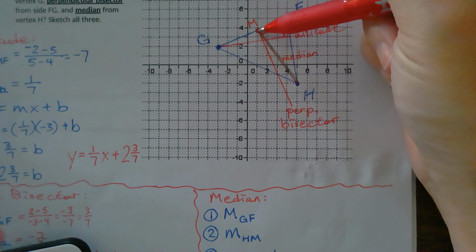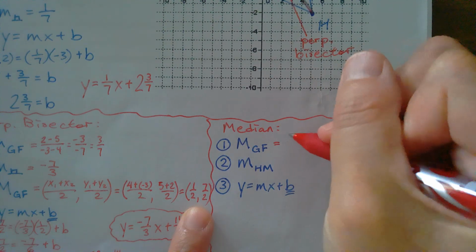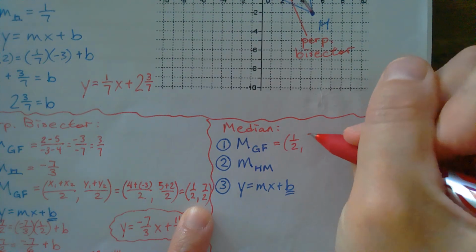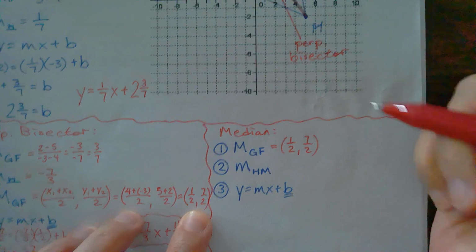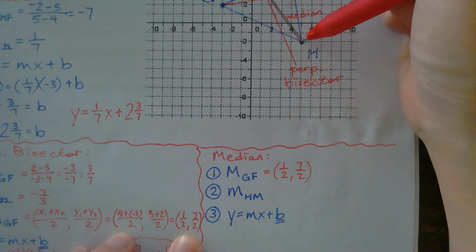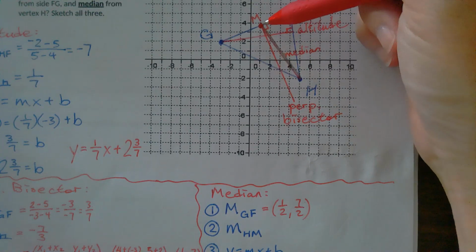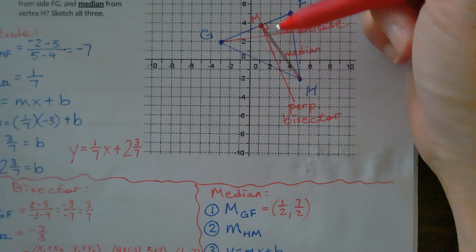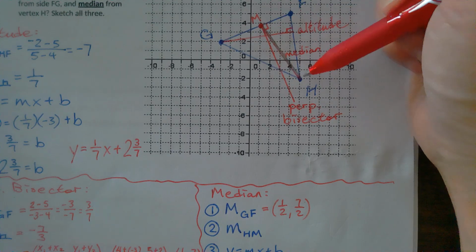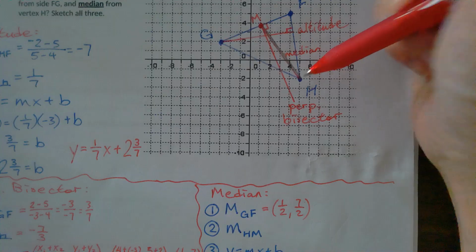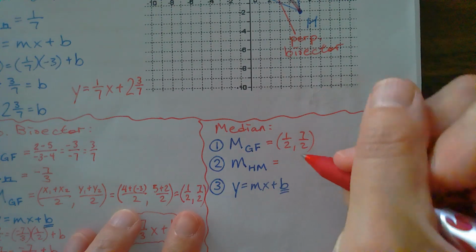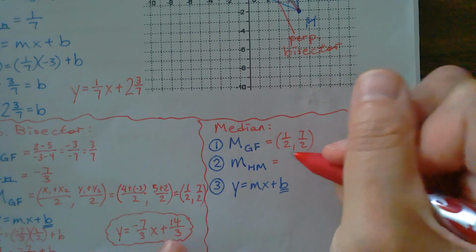So this midpoint we actually found already. It was 1/2 and 7/2. Since you know 2 points on this line, this point and this point, I can directly find the slope using point M and point H. So slope formula: y2 minus y1 over x2 minus x1.